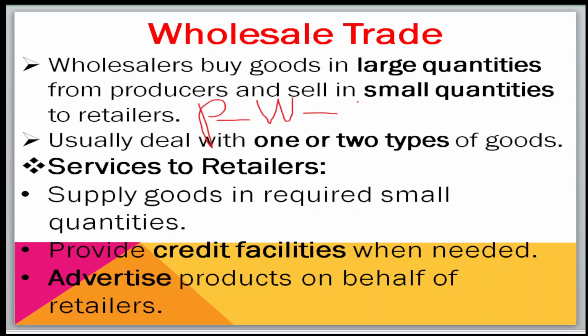From the wholesalers, next it is retailers. From the retailers, it reaches the consumers. So it is a chain of distribution. The producer produces the goods, then sells to the wholesalers. From wholesalers to the retailers, then from the retailers the consumers purchase the goods.